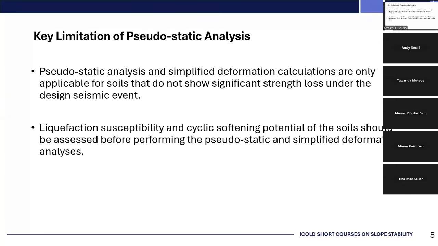Even in centerline constructed tailings dams, I've seen pseudostatic analyses run with the slip surfaces through the contractive and liquefiable tailings, calculating a pseudostatic analysis. Well, that's fundamentally flawed. It's wrong. So you need to assess the liquefaction susceptibility and cyclic softening potential of the soils before you do a pseudostatic, or even the simplified deformation analyses I'll touch on in a moment.